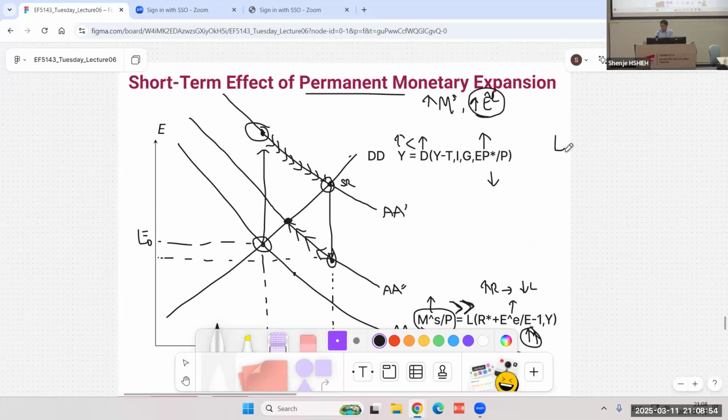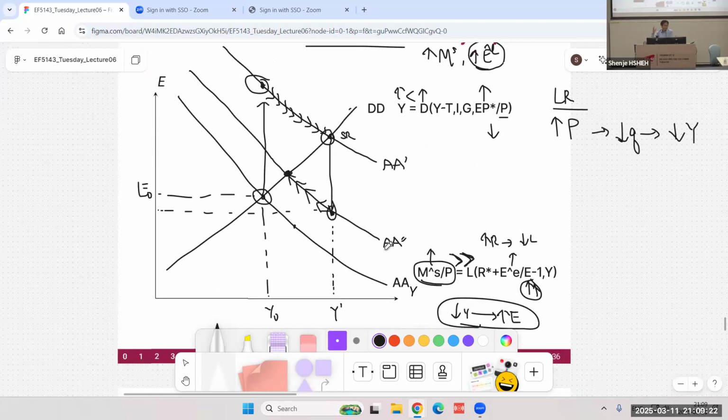Because in the long run, P is going to increase. And guess what? P is here. So as P increases, that's going to decrease Q, and that's going to further decrease output. We've already factored in the price change for the AA. You agree?